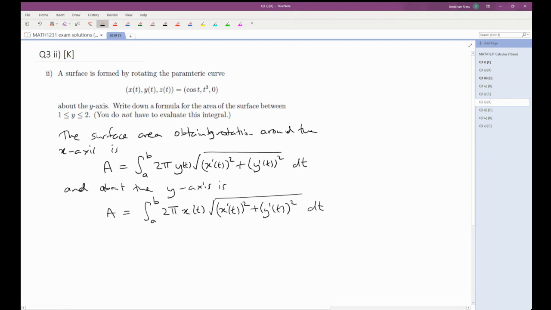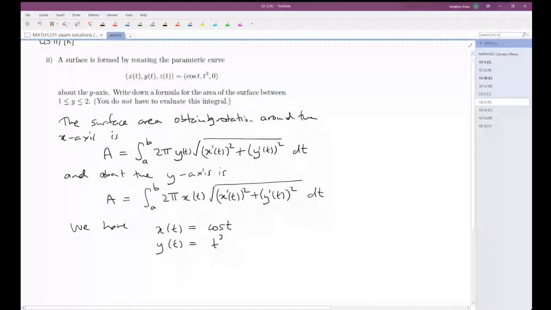Now, the question just says we have to write down the formula, but not try to evaluate the integral. So the only thing left to do is substitute in what x and y are, and figure out the range of the parameter t. We have x of t is cos t, and y of t is t cubed. We want this surface for y between 1 and 2.